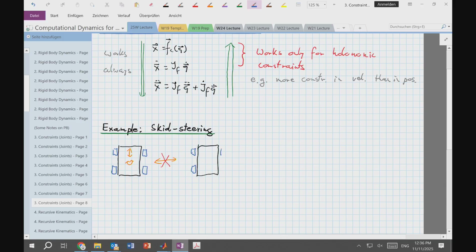Would you buy a Bobcat if you could not get here? Probably not, right? So how could you get there? Maneuver a little bit, go back, and then maybe do this. Right? So what we see here, if I think about this in terms of velocities, I only have 2 degrees of freedom.